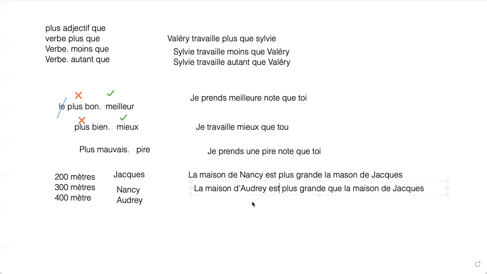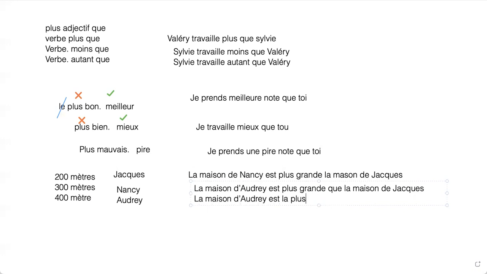So we have this result that Audrey's house is the biggest. So if you want to say that, you say la maison d'Audrey. La maison d'Audrey est la plus grande.